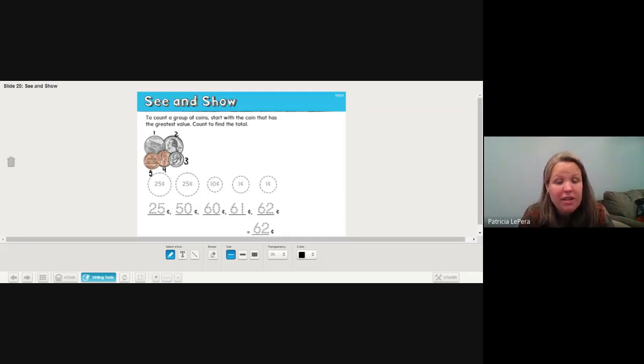Okay, a quarter is worth 25 cents. That's our highest amount. So the first thing that I'm adding is 1 quarter, and that's 25 cents. Now, each time I go on to the next coin, I can imagine that plus sign is in between the 2 coins. So 1 quarter plus another quarter would be 50 cents. Now I can imagine another plus sign in between.